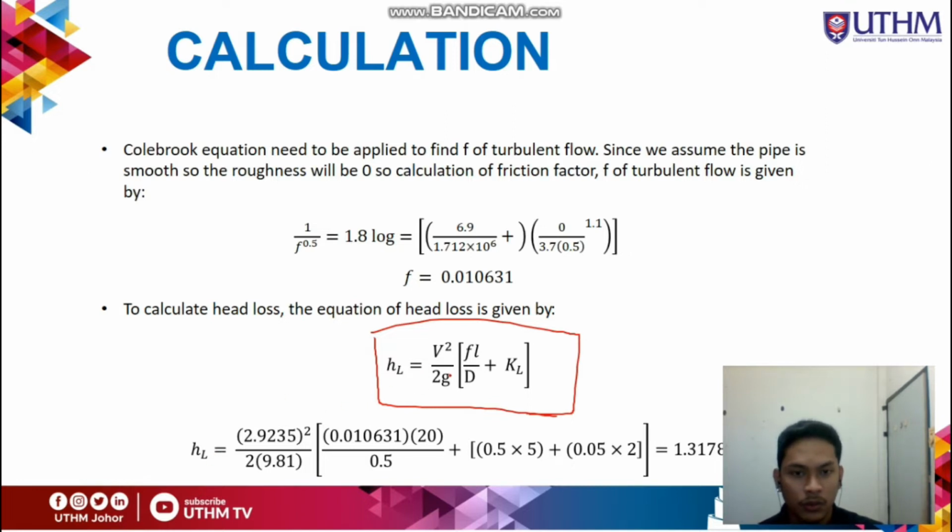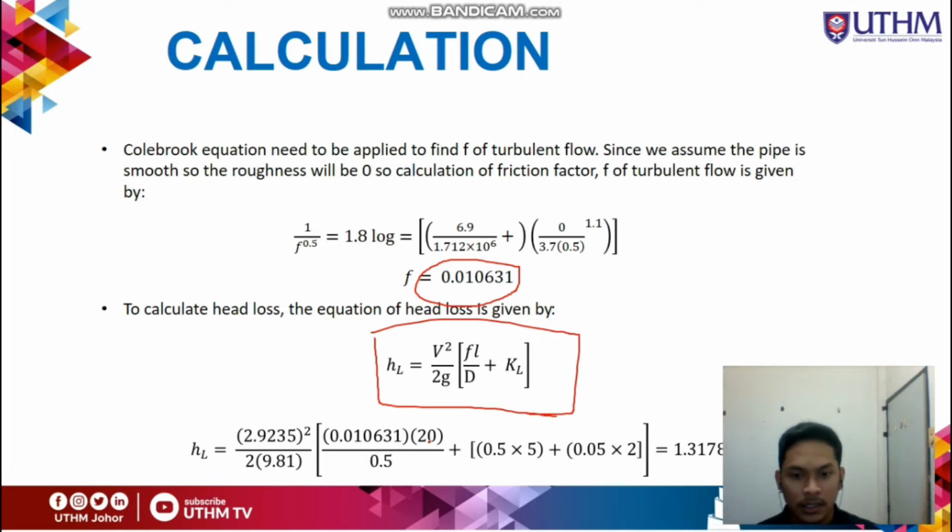For the values we have found before, V is the velocity, 2.9235, and then 2G, and F is the friction factor that we found here. We just insert them into the equation.